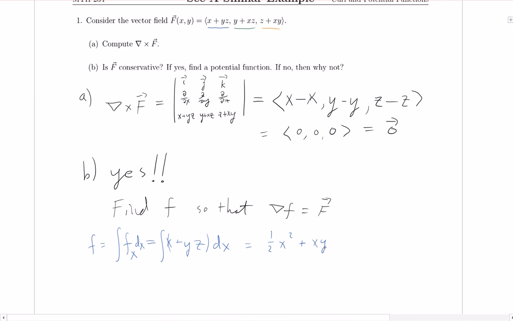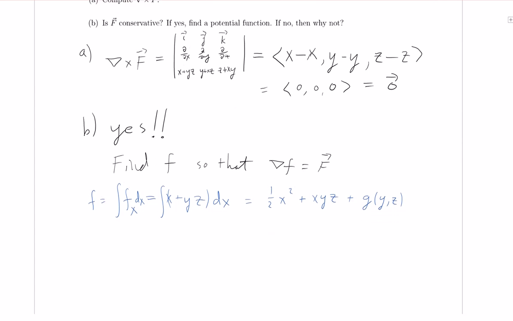So we just get xyz. And of course, plus a constant. But since we integrated only with respect to x, it's not really a constant, it just doesn't depend on x. It could still depend on the other variables y and z. So we'll give it the name of some function that depends on y and z. We'll call it g.